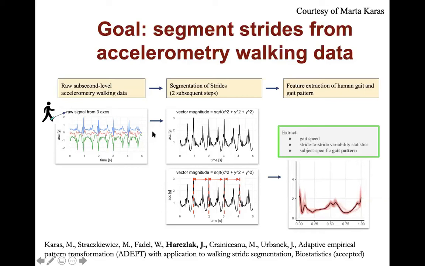In this analysis, we concentrated on extracting the walking signal and then characterizing the gait, as you can see here in the bottom picture. The most common thing is gait speed, but there's also stride-to-stride variability and defining a subject-specific gait pattern.